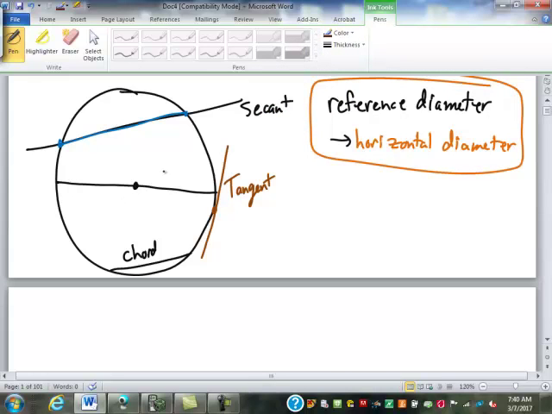So the reference diameter, if you're talking about navigation, it's east to west. Now, pretend that one I drew in there is horizontal. I got it slanted for some reason, but that should be horizontal in there.